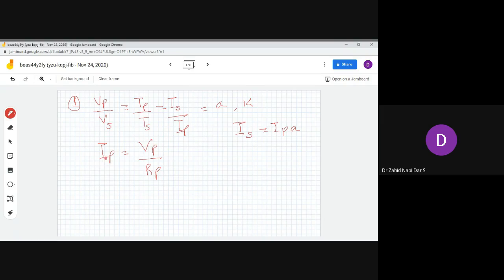Now suppose I want to change all the values in terms of secondary. I want to refer primary to secondary.